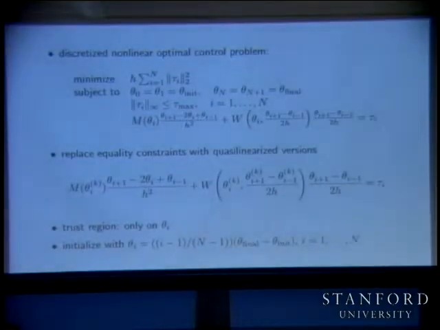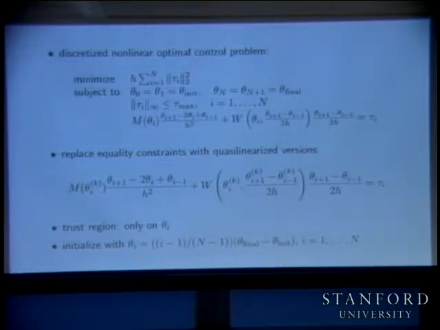Now, hopefully in the end, it's going to converge. And the new theta is going to be close to the old theta, in which case you're converging into physics consistency or something like that. That's the idea.